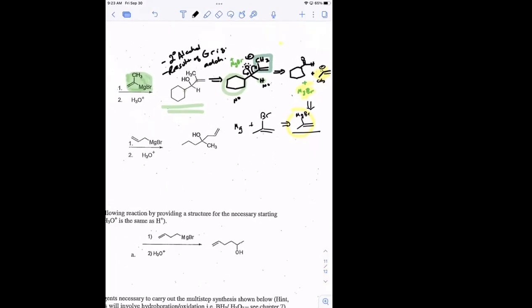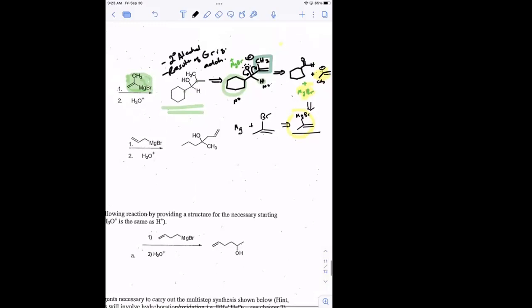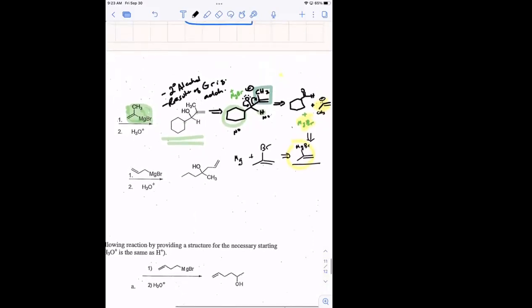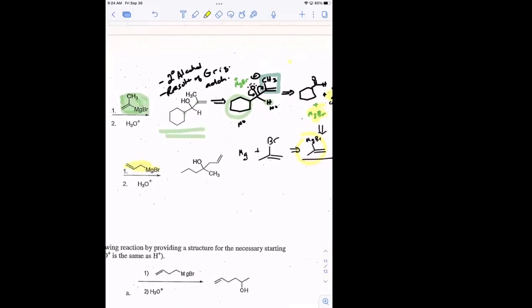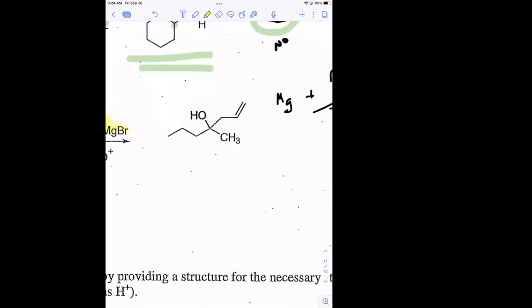Number 16. All right, somebody help us out. We have the Grignard. That's given. We just need to figure out what we started with, an aldehyde or a ketone? Look at the alcohol. What type of alcohol is that?